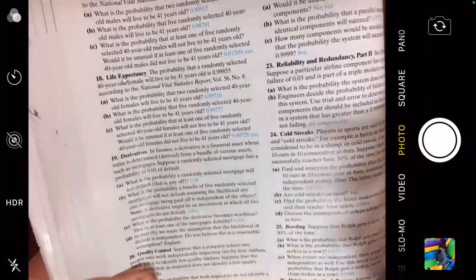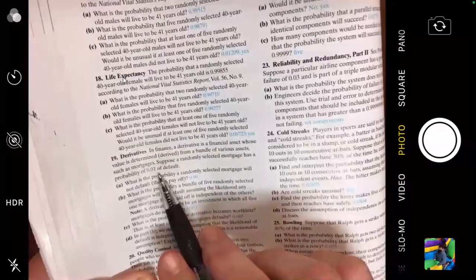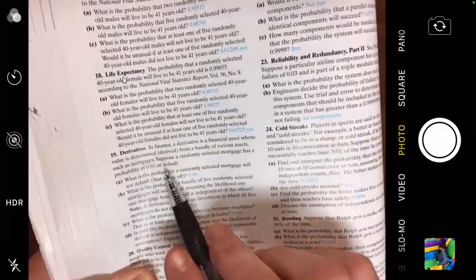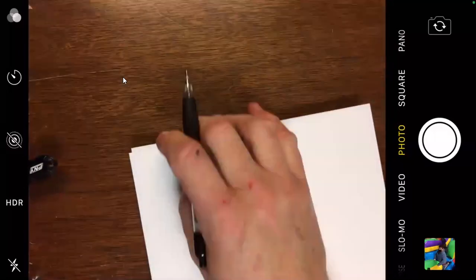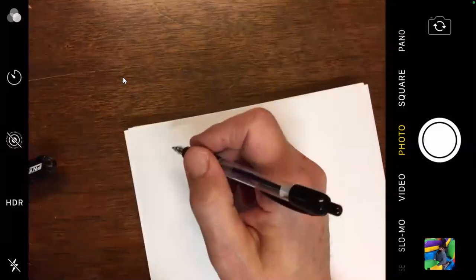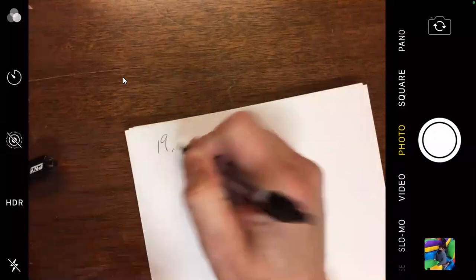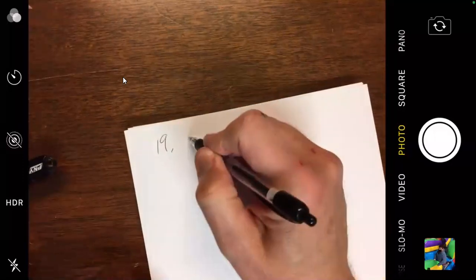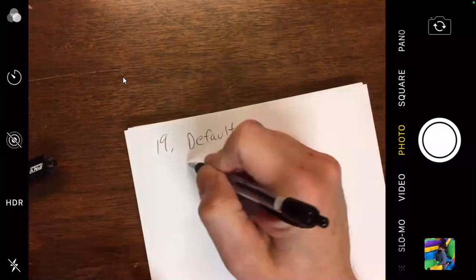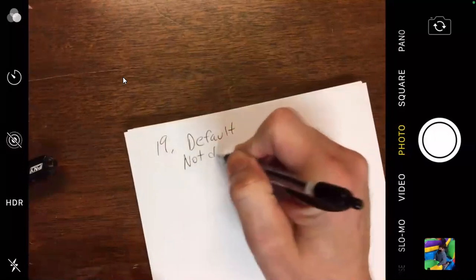We have a randomly selected mortgage with a probability 1% chance of default. So let's write that down. So this is going to be pretty much default or not default. It's pretty much two things going on in each problem, positive or negative. Last problem is live or die. This one is going to be basically default or not default, I guess, for lack of a better way to express it.